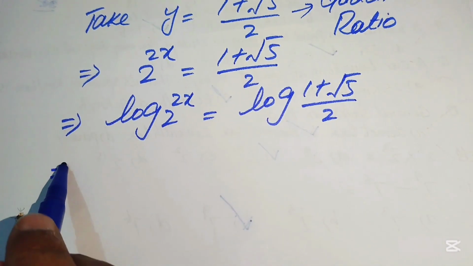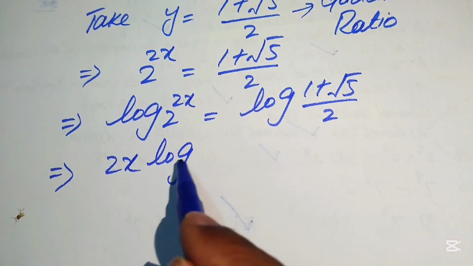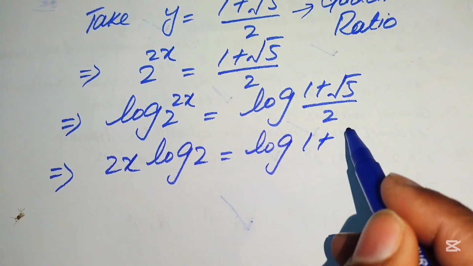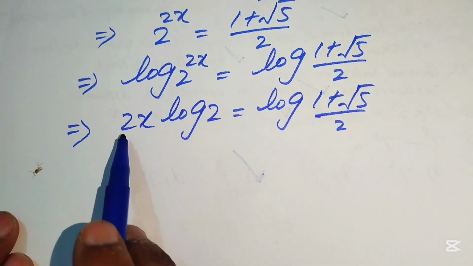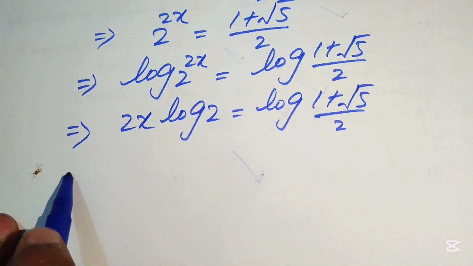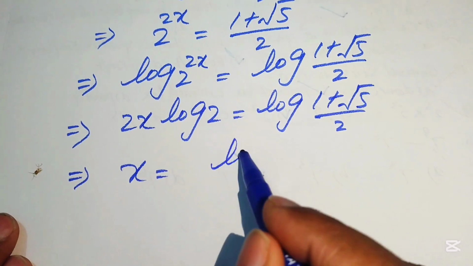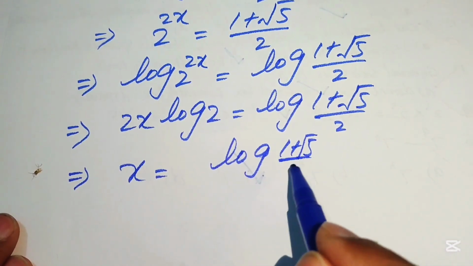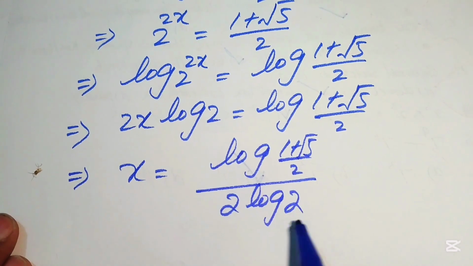Here we apply the property of log, and we move this 2x in front of the log, and it will be written as 2x times log 2 equals to log of 1 plus square root of 5 divided by 2. So here we move this 2 times log 2 to the right hand side, and it will be written as x equals to log of 1 plus square root of 5 divided by 2, over 2 times log 2.